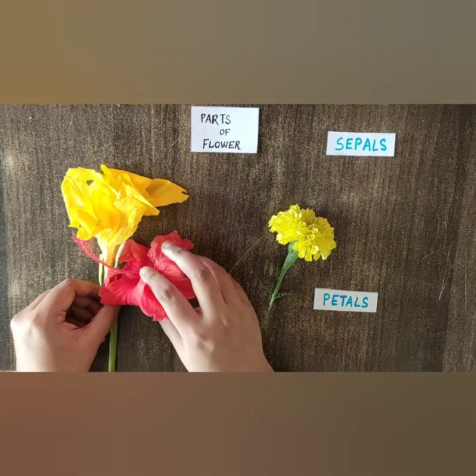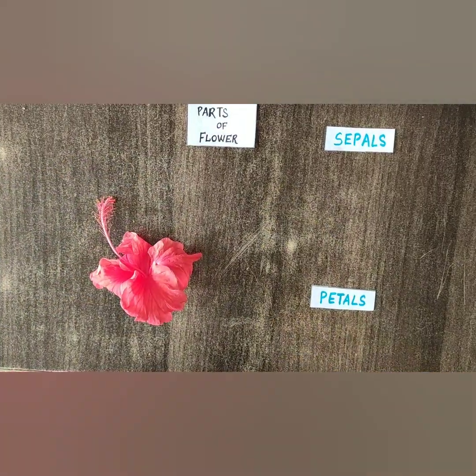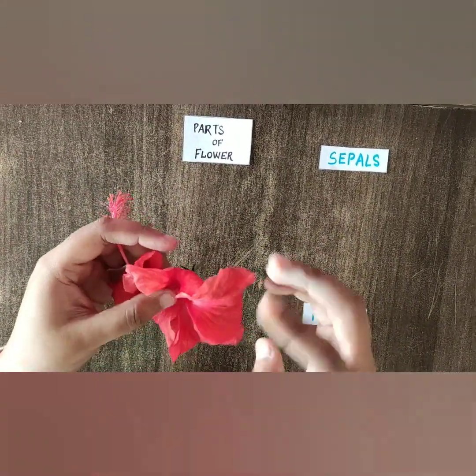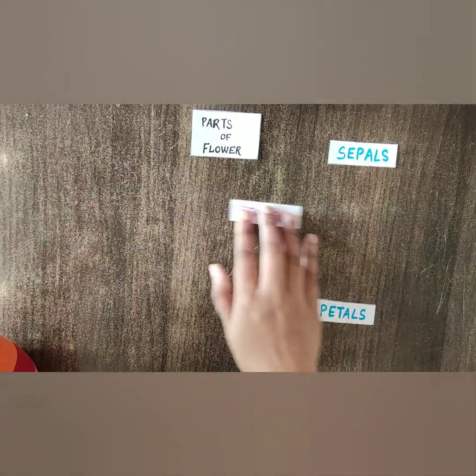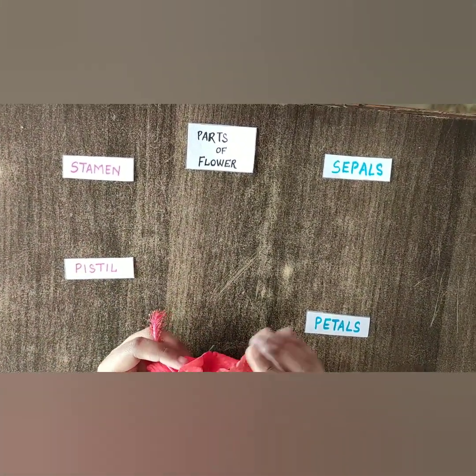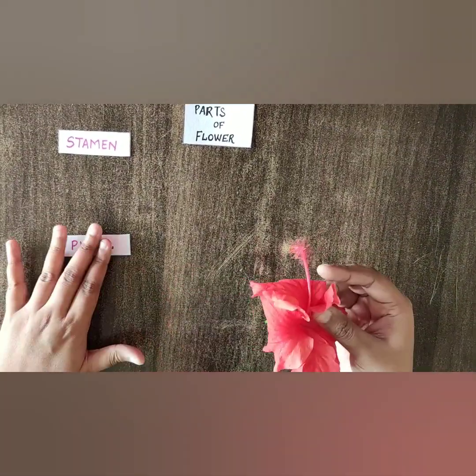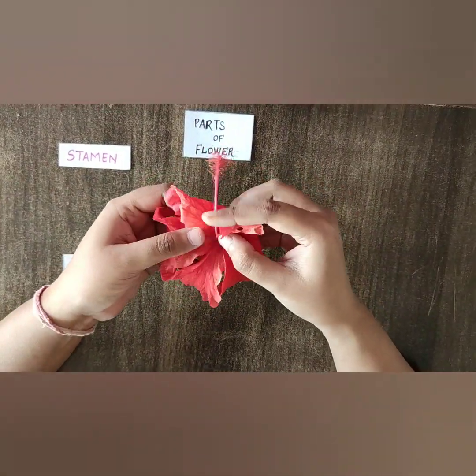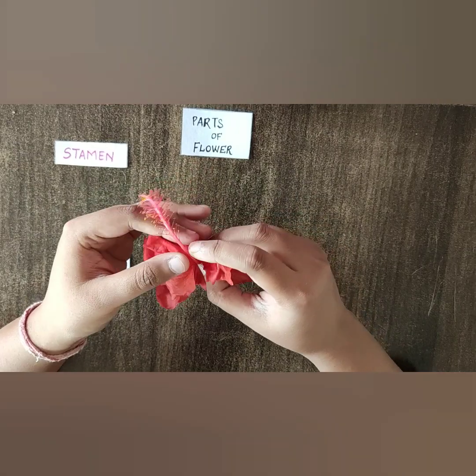Now we are going to learn about the reproductive parts of the flower, and we have two parts. One is stamen and one is pistil. Stamen is the male reproductive part.